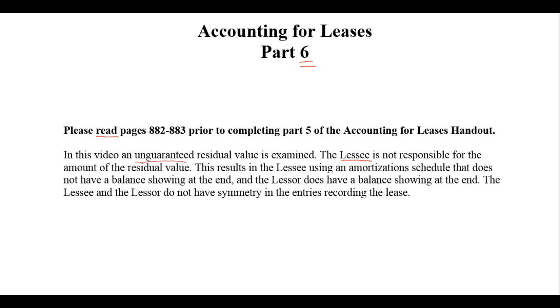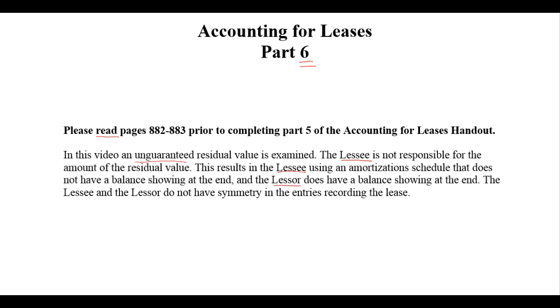They return the equipment and they can walk away from the lease at the end of it. What happens is this results in the lessee using an amortization schedule that does not have a balance showing at the end because they are not on the hook, so to speak, for anything at the end. But the lessor does have a balance showing at the end of the lease.